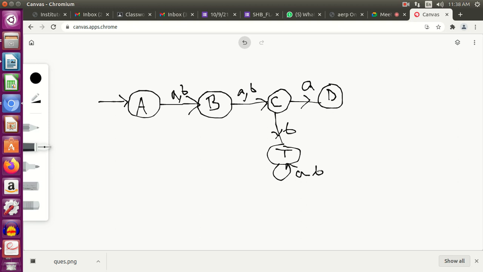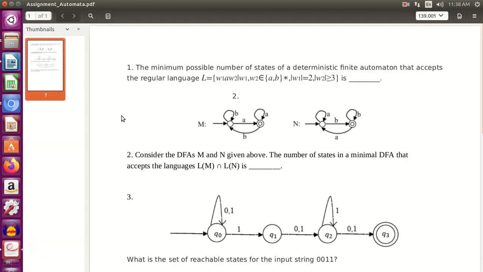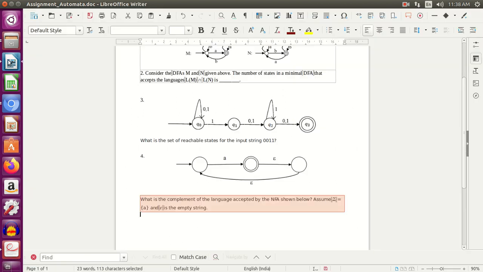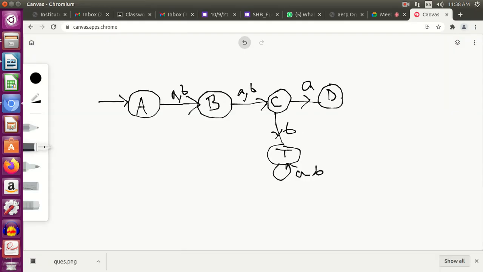Now the initial part of the language is done. What about the next part? It's said that the length can be greater than or equal to 3. So for greater than or equal to 3, how many states shall we require? Let us see.